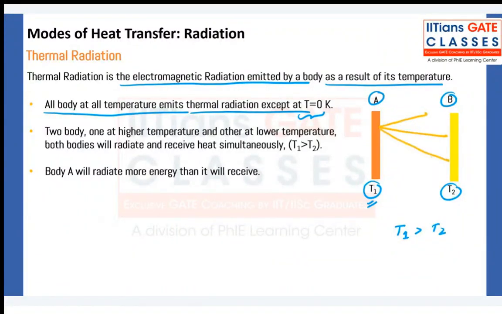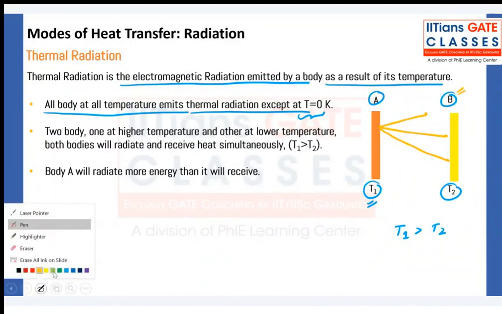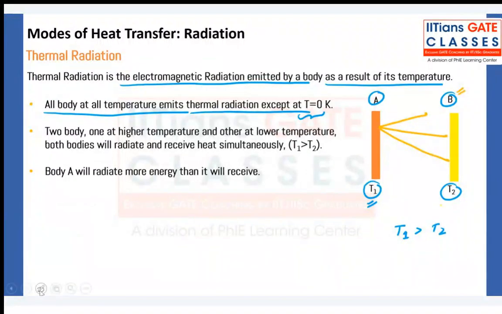Body B is absorbing those radiations, yes, but T2 is also greater than 0 Kelvin, though lower than T1. So it is going to absorb as well as radiate. Any body at any temperature except 0 Kelvin will radiate heat.